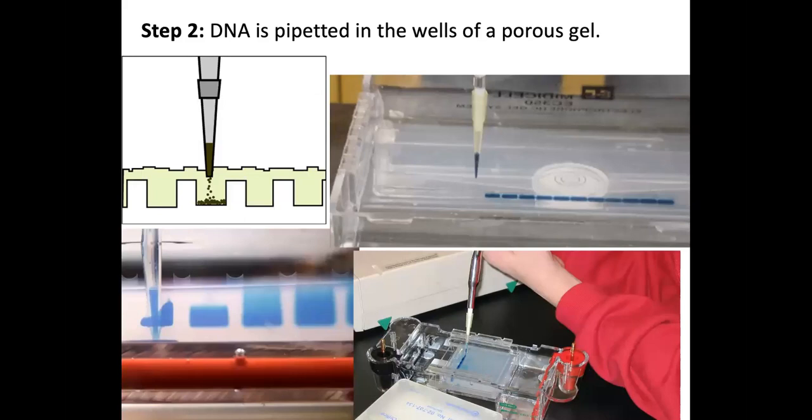Okay, so usually in this machine, this contraption piece of technology that we use, which looks like this at the bottom, there is a gel that goes in the bottom, and then the pipette is what we use to take up the DNA, and then we insert that DNA into the different wells of the gel. And then we run an electric current through it, and then that's what separates the DNA.